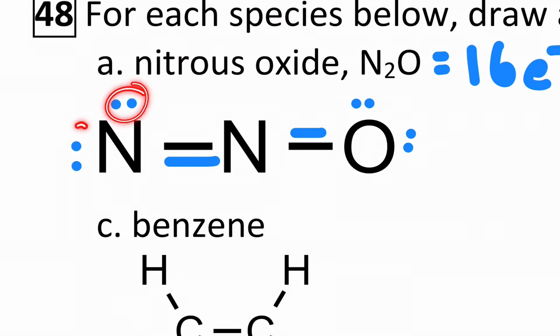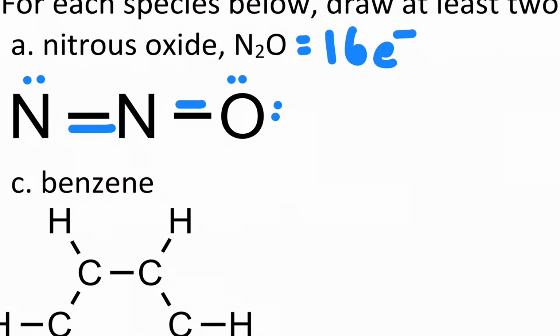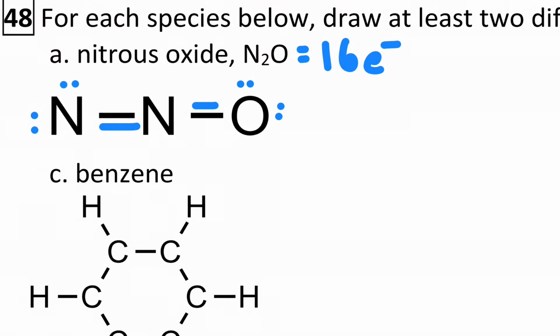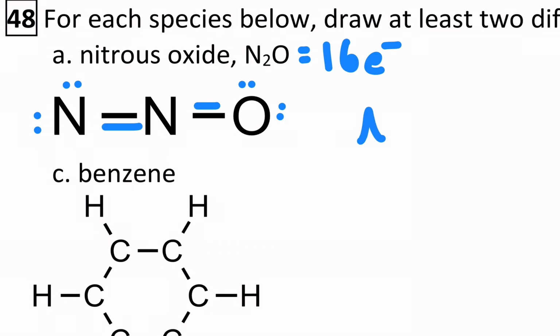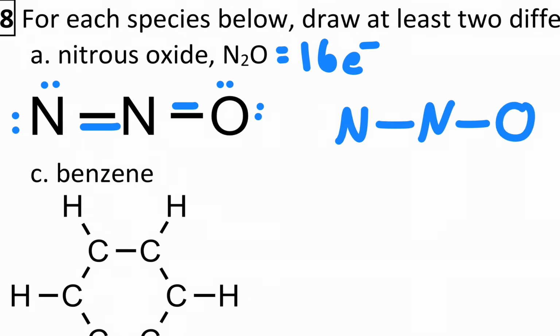Now I have 2, 4, 6, 8, 10, 12, 14, 16. That is a valid way of drawing this molecule. However, it's not the only one. You could also show this molecule as an N, N, and an O, but instead of a double and a double, it could be a triple bond on one side and a single bond on the other. And that's just as valid.